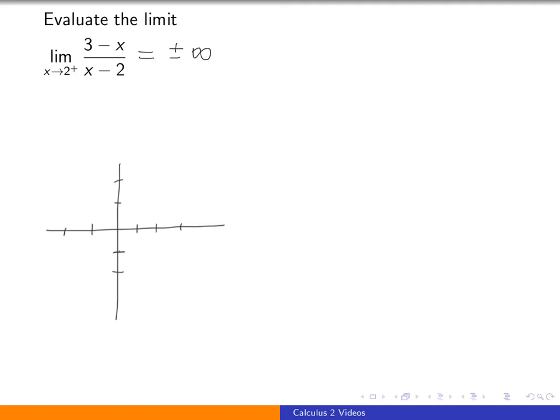So what we have to think about is, since it's the limit as x approaches 2 from the right, if we're just a little bit to the right of 2, what are our function values going to end up being close to? Are they going to be positive numbers going to infinity, or negative numbers causing us to go to minus infinity? So from a graphical perspective, we have a vertical asymptote at x equals 2.